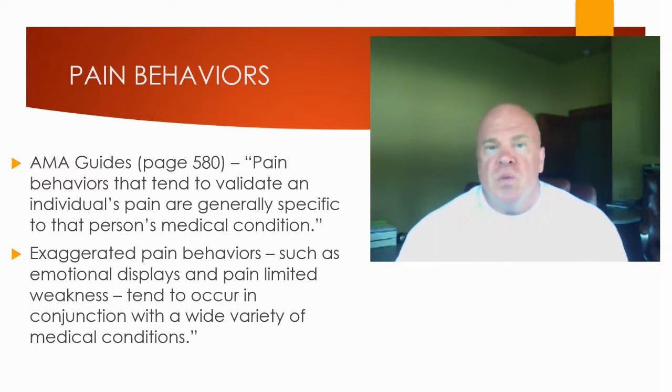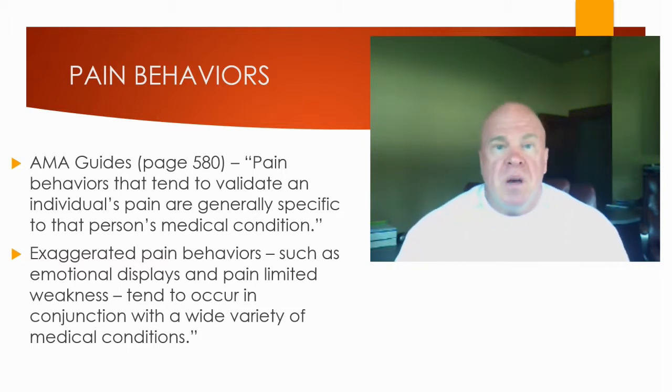And so as we go through the pain behaviors, we're going to take a look at each of them and ask ourselves, what type of specific injury could cause this particular pain behavior? And we're going to see that, at least for the pain behaviors that are described in the AMA guides, the injury responsible for the noted pain behavior is a very specific injury.